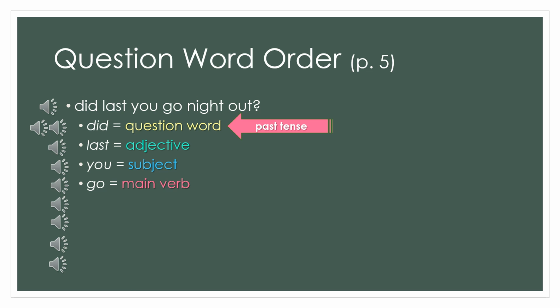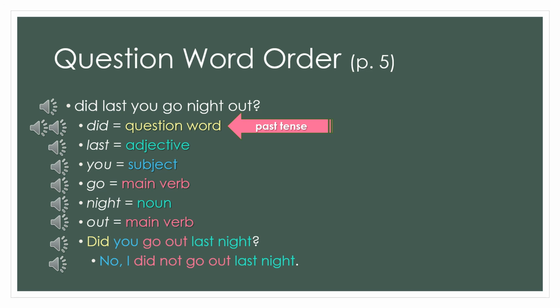Go is the main verb. Night is a noun. Out is part of the main verb. So the correct order is, did you go out last night? An answer to this question is, no, I did not go out last night.